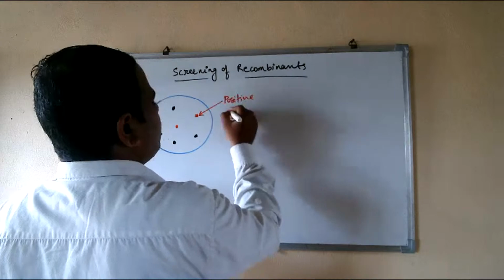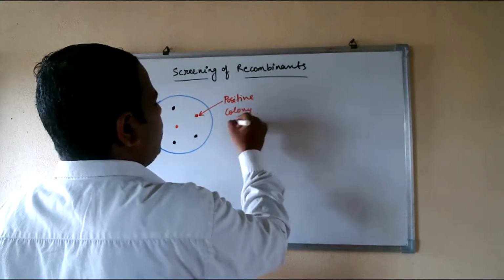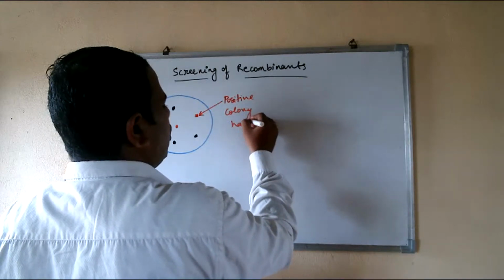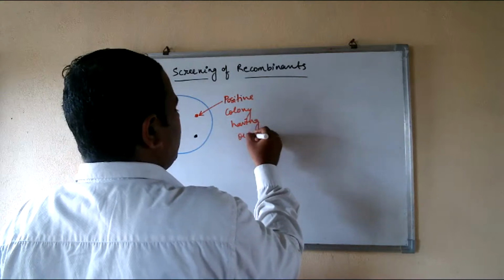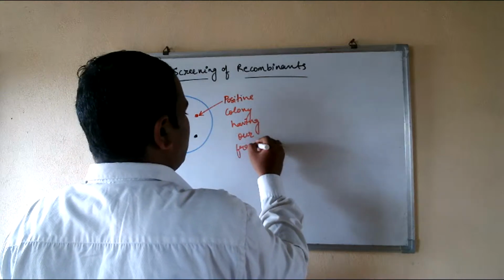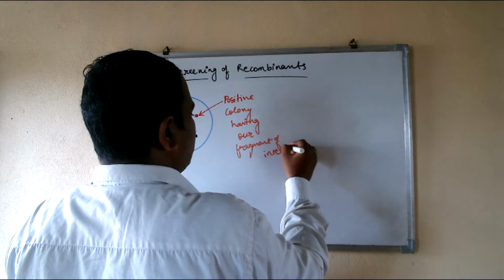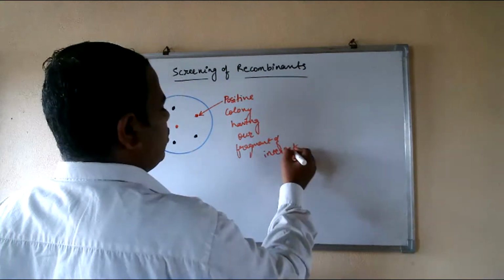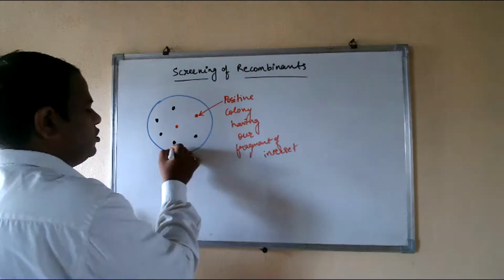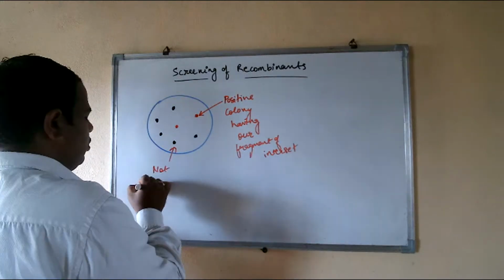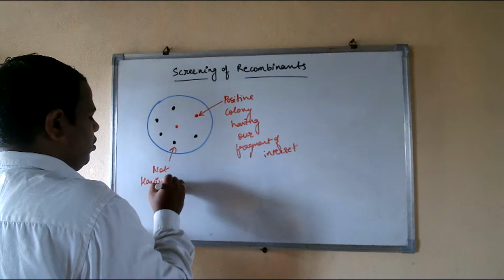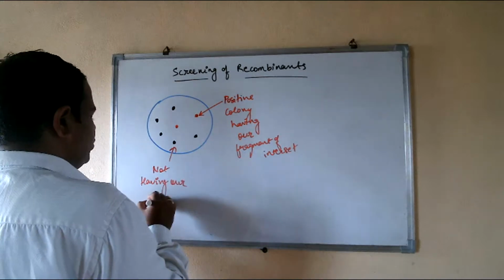This is the positive colony having our fragment of interest, and this is not having our gene.